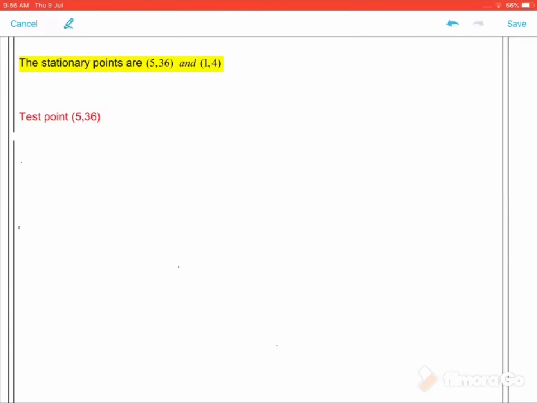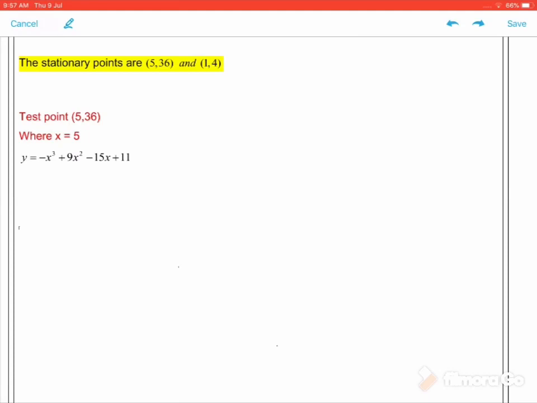Now we come to the point (5, 36) first, where x is equal to 5. Before we test, we have to get dy/dx, which is the gradient.